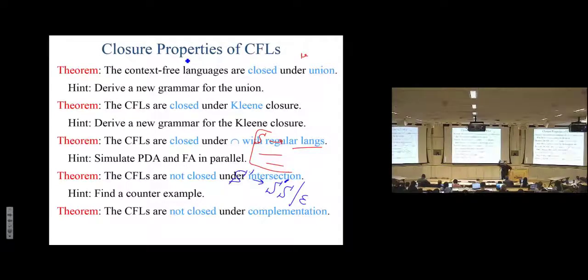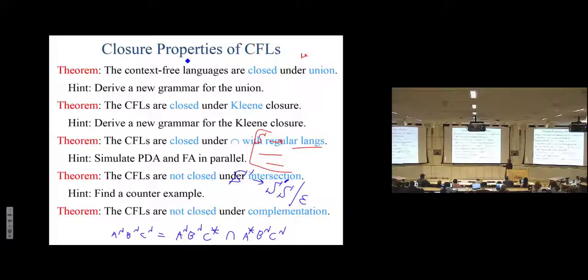How many see what I just said? I can write it down. So I'm saying that A to the n, B to the n, C to the n is equal to the intersection of A to the n, B to the n, C star, and A star, B to the n, C to the n.